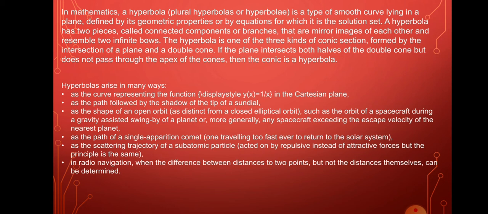So there are two asymptotes, whose intersection is at the center of symmetry of the hyperbola, which can be thought of as the mirror point about which each branch reflects to form the other branch. In the case of the curve y = 1/x, the asymptotes are the two coordinate axes.